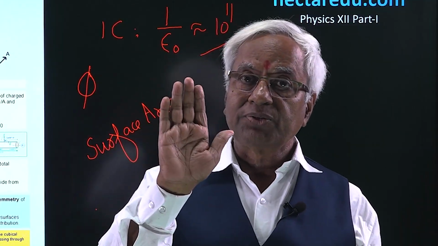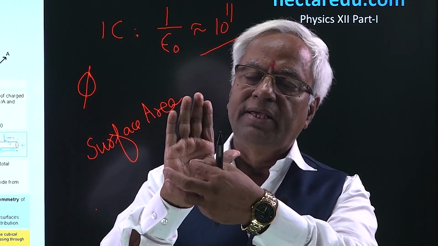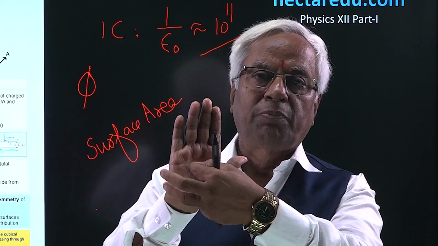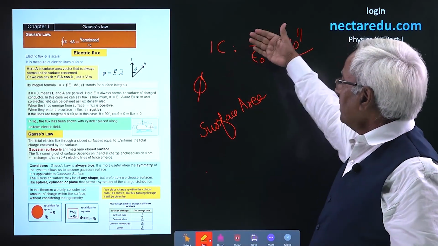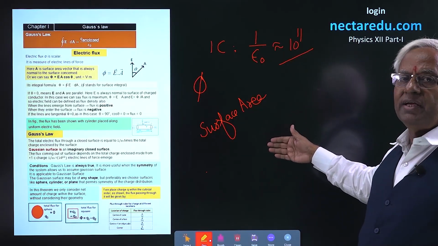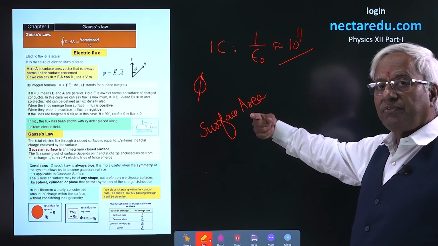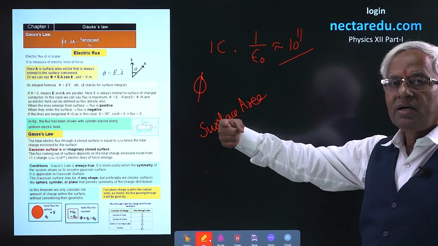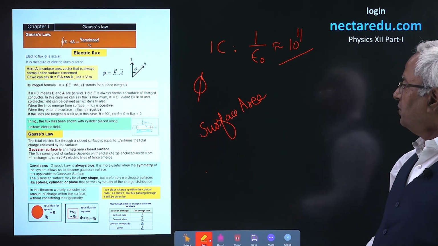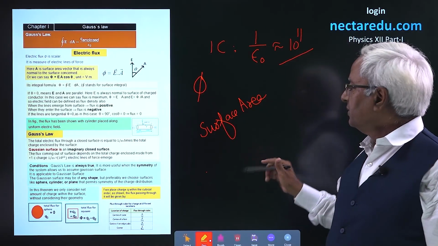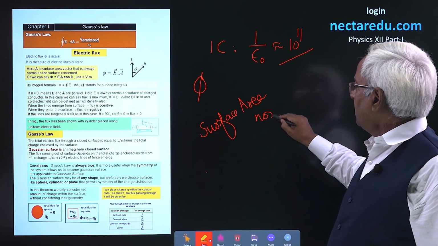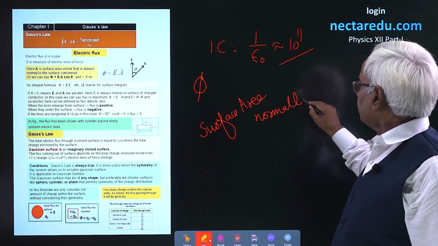But the surface area means simply a vector that is pointing normally outward. If you consider the board here, its surface area vector would be normally outward. So, whenever you consider area vector, surface area vector, that's taken as normally outward.